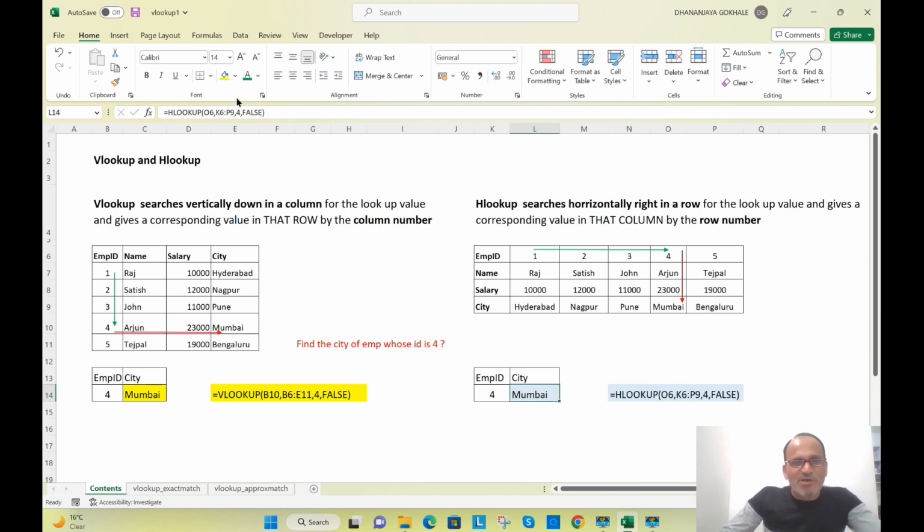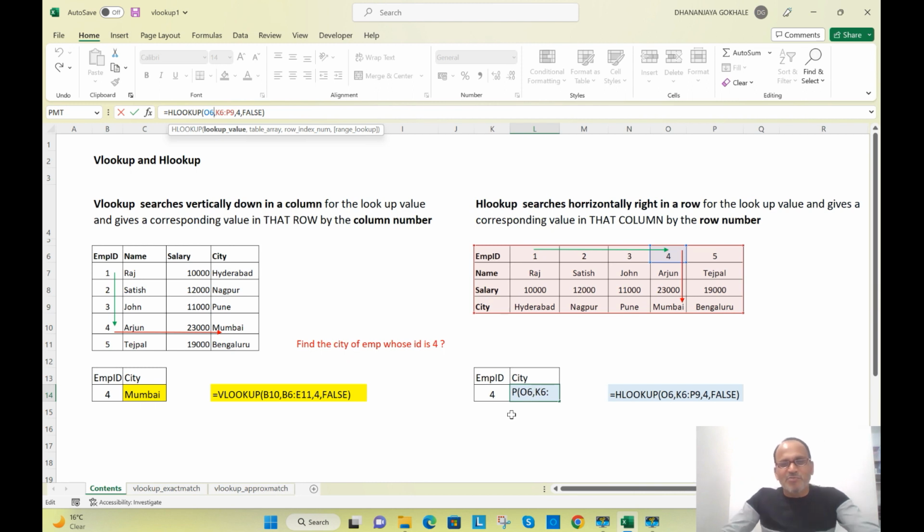I think I should put the thing over here so it will be clear. All right. So the overall table array we are looking at is this table array, which is K6 to P9. And then what is our lookup value? Lookup value is O6.